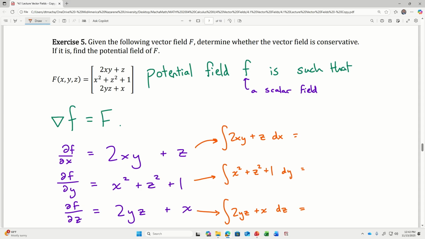So what's the antiderivative of 2xy plus z with respect to x? Plus, and then what's the antiderivative of x squared plus z squared plus 1 with respect to y?